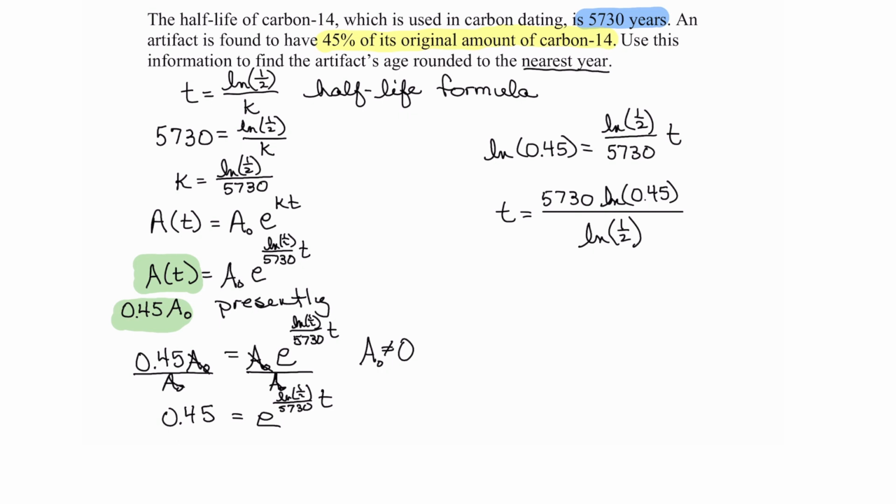So we'll start by calculating that through, and when you round it to the nearest year, you get that the time is approximately 6,601 years for it to have 45% of the original amount of carbon-14. So that is the carbon dating process for assigning the age of that artifact.